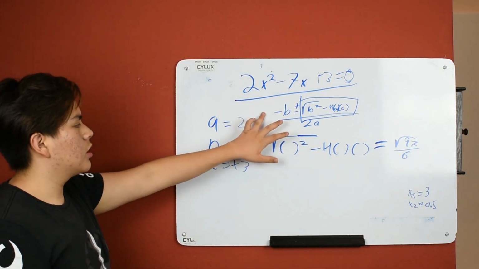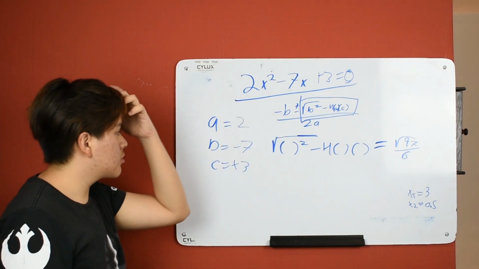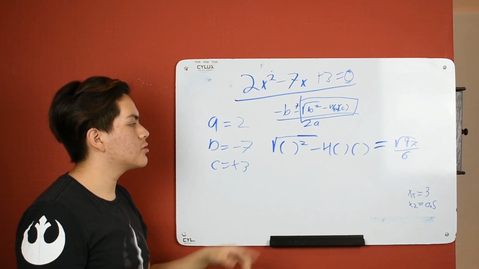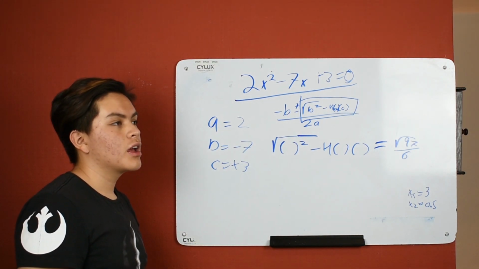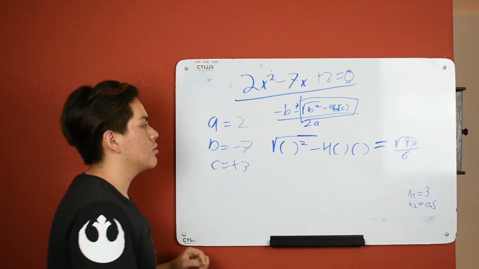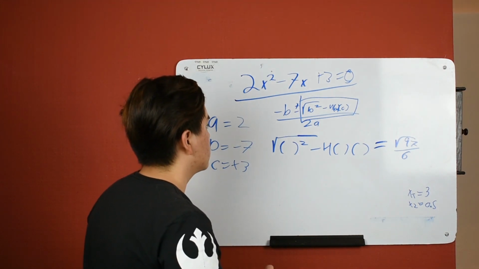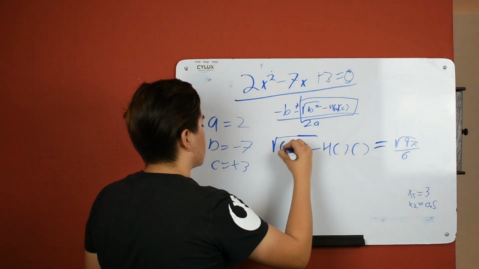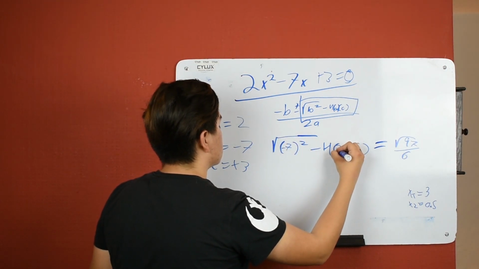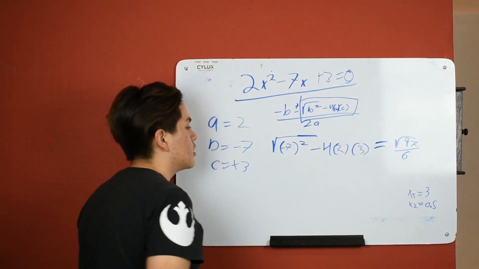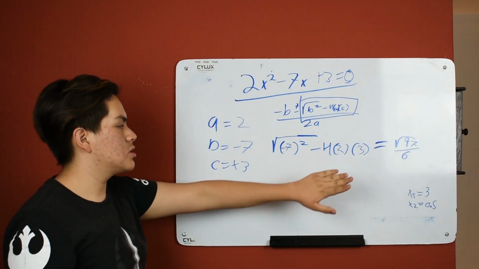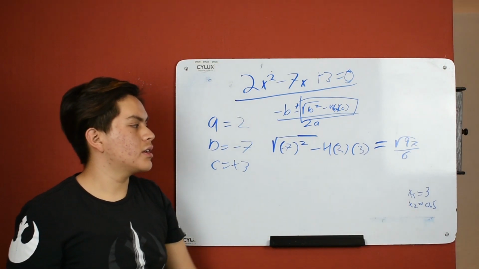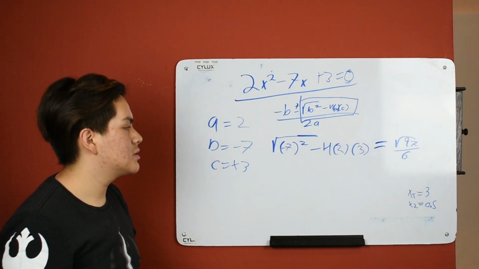So in the general formula of the equation, we need to find the discriminant to know if it's real, imaginary, or different. So first we replace the b, minus 7, 2 and 3. Okay, this equation gives us the square root of 97 divided by 6.